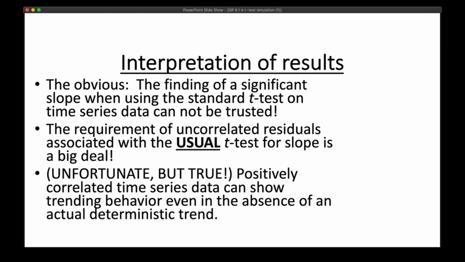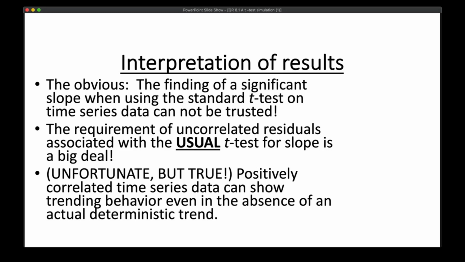So here's what else this means. That assumption that we did learn back in early stats classes in a non-time series setting, about having the error terms, the residuals, be independent, that is uncorrelated, is a really big deal. And here's the tricky part of all this.